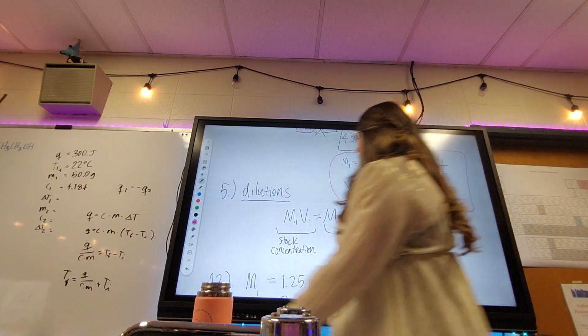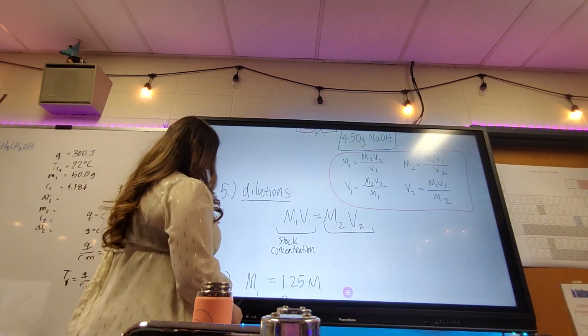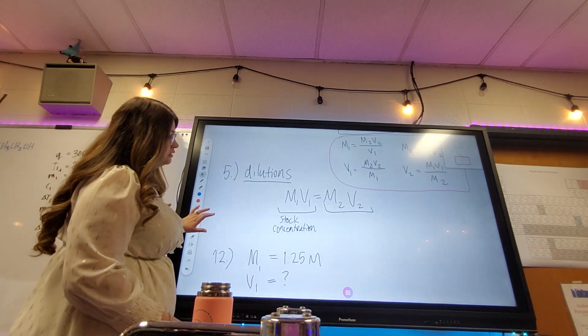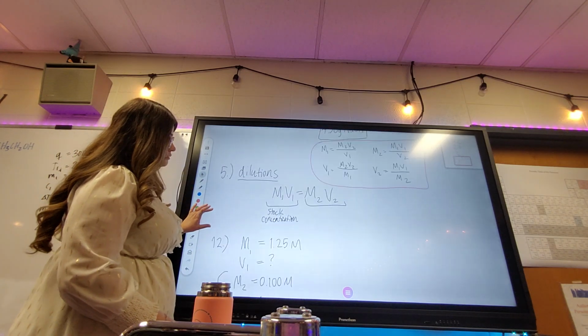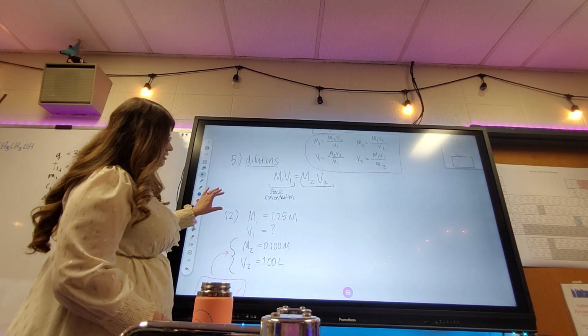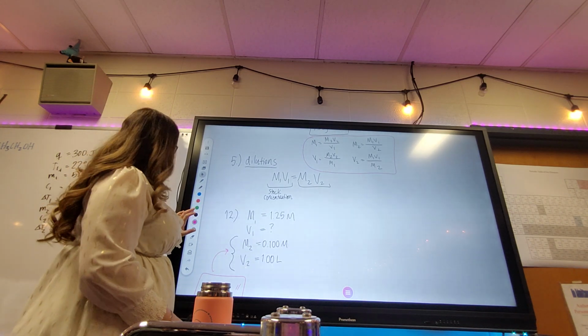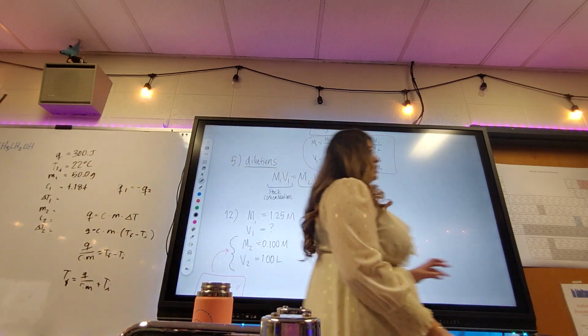Okay, so now back to this problem here, number 12. I'm just going to make it a little bit smaller so I can keep both these things on here. Which one of the formulas should I use?